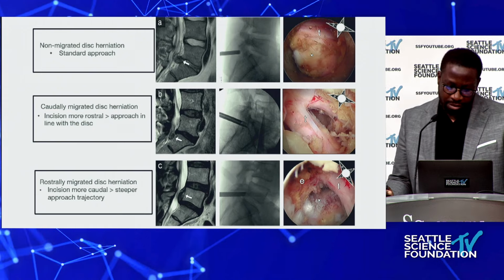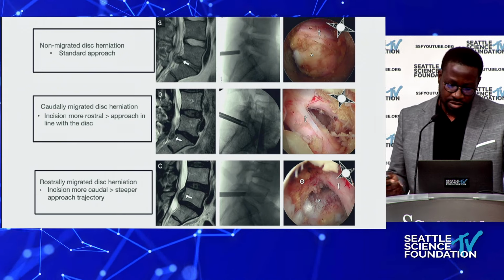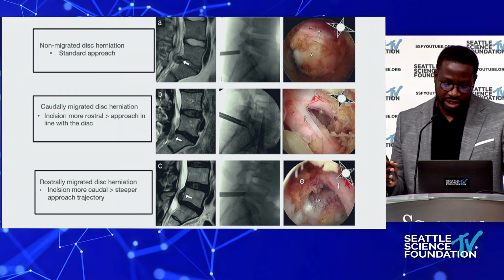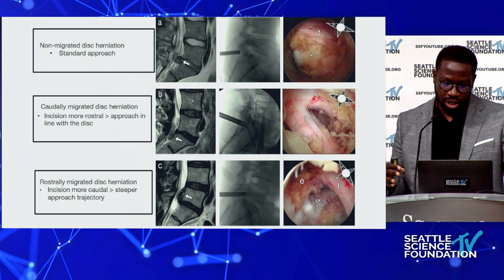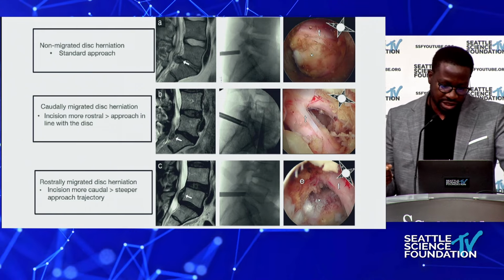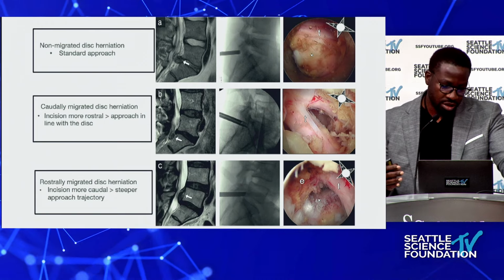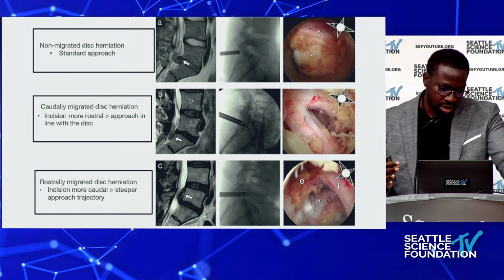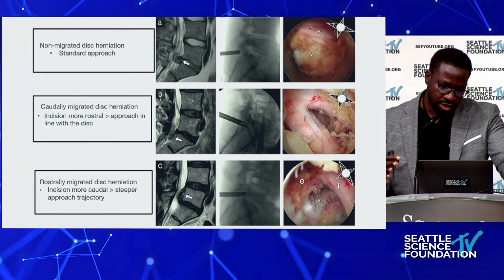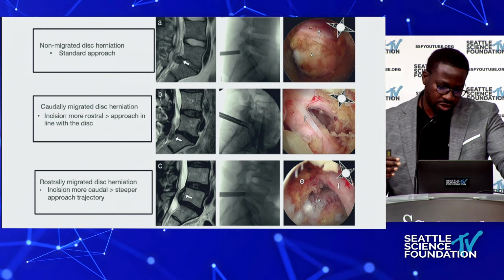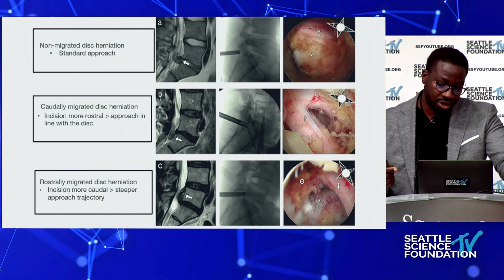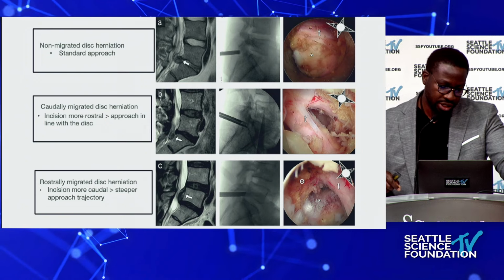For a non-migrated disc herniation, it's typically just a true interlaminar approach where you don't necessarily have to make significant adjustments to your cranial-caudal targeting. For a caudally migrated disc herniation, you want to start more in the bottom of the foramen or bottom of the canal, so you're targeting a little bit higher up in the interlaminar window so that you can look downward and find that migrated disc herniation.